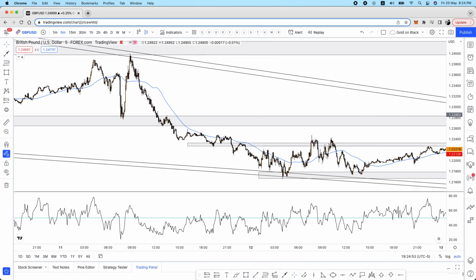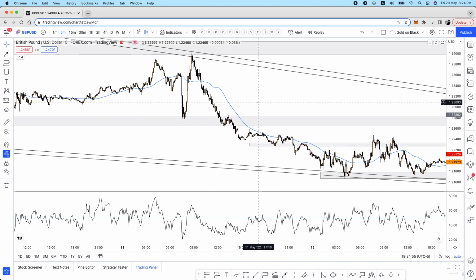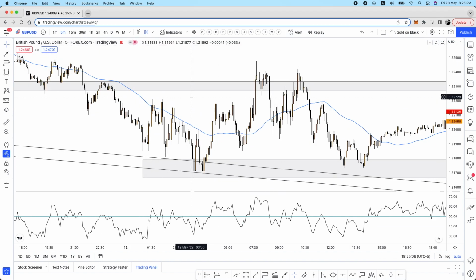We are also going to be using supply and demand. It's very important to know how to spot supply and demand. What is that? We're going to be looking for aggressive buying and aggressive selling.